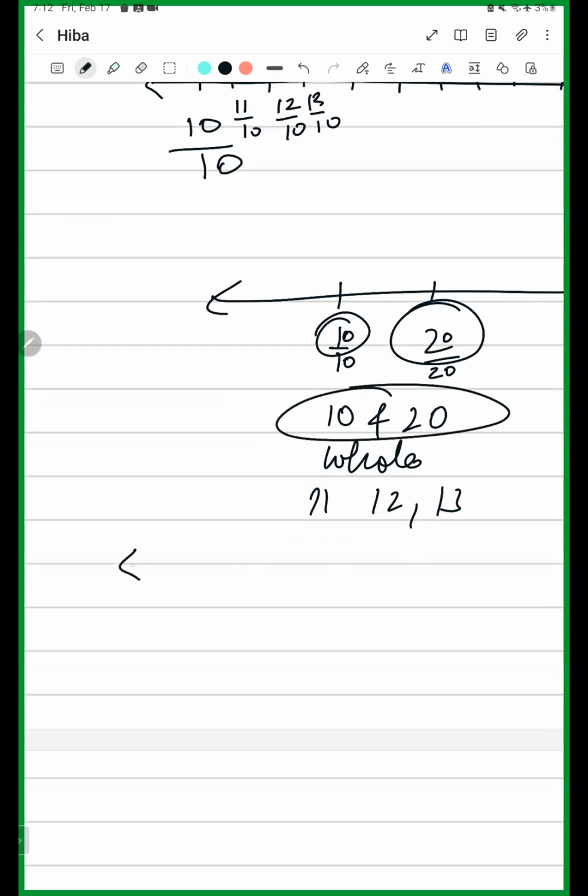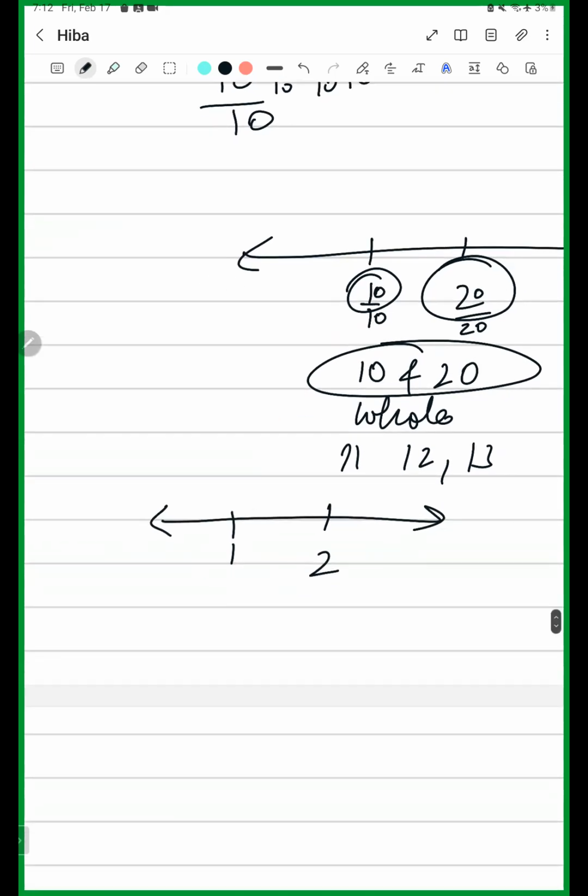But can you tell me any whole number between 1 and 2? You cannot find one. If you look in decimals, you can say yeah okay 1.1, 1.2, 1.5 will be over here. That is decimal.